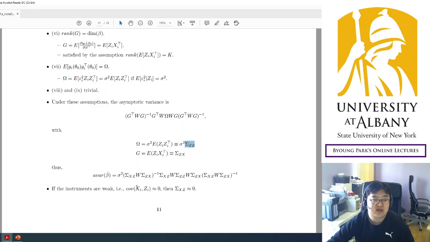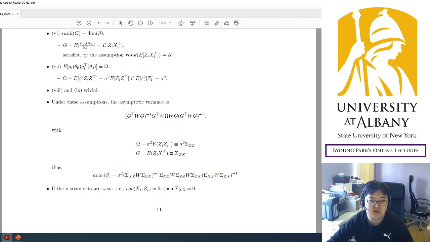Earlier we learned the weak instrument problem. The instrument was weak if the covariance is close to 0. In this case, the weak instrument is captured by this term. If this is close to 0, remember, there are six things close to 0. This is 0, this is 0, this is 0, this is 0.